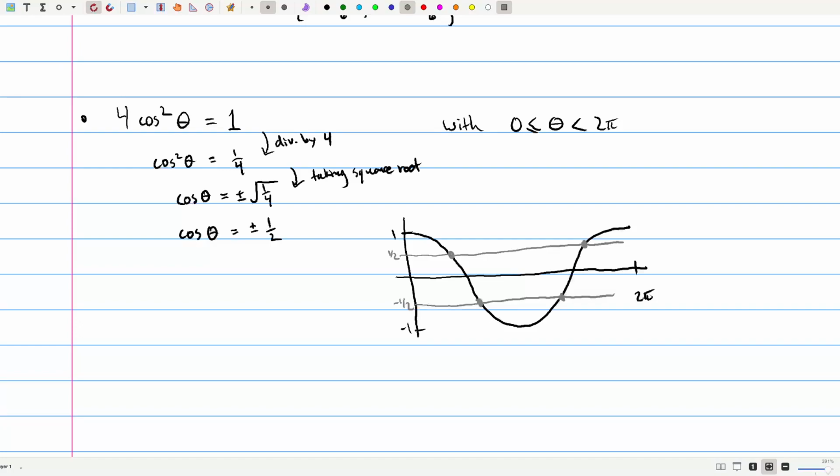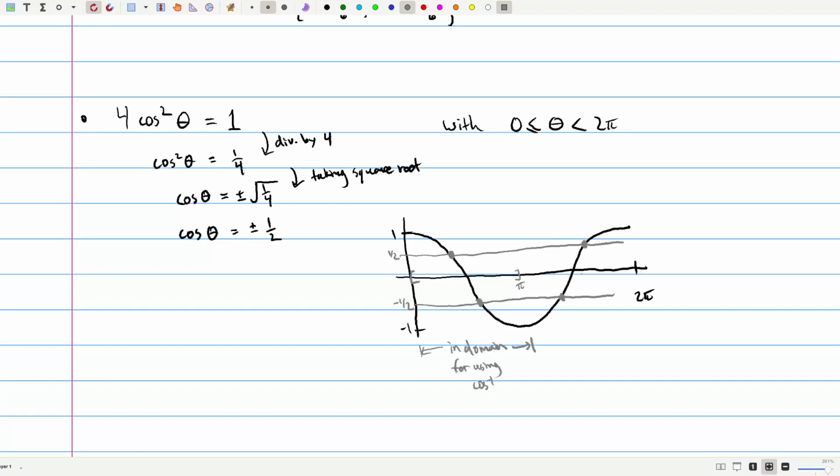So the first 2 solutions are in the correct interval for the inverse cosine. So this goes up to pi from 0. So these are in the domain for using cosine inverse.